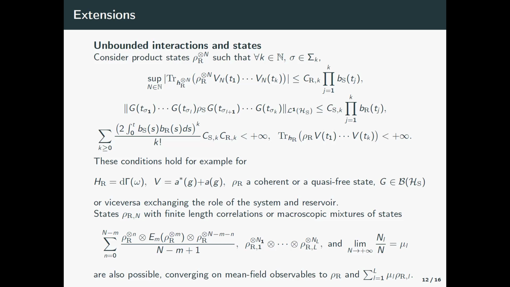And for example, one can do it for bosonic fields. So this kind of unbounded operator is okay, and if one considers coherent or quasi-free states, this works. So obviously one can consider also states which are not completely symmetric. They are a bit different. For example, one can consider states in which you create correlations on a finite length, which is for example a quantum channel.